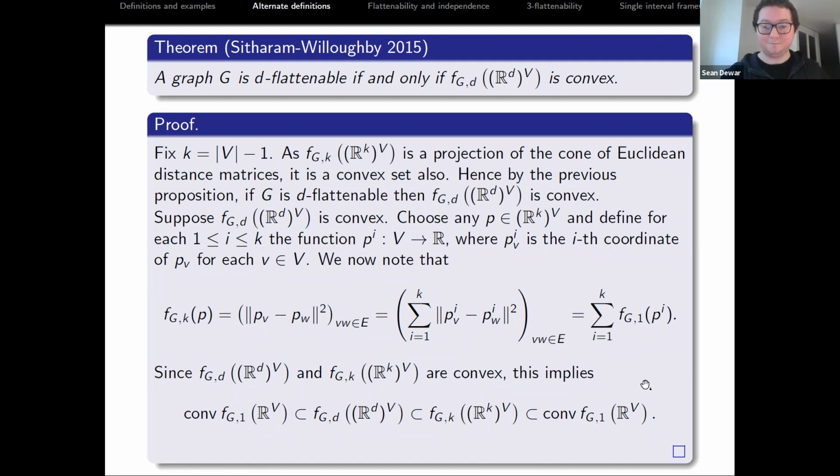Okay, so if I then take the convex hull of all these sets, that will preserve inclusion. So now what we have is the convex hull of this lies inside this set, lies inside this set, lies inside the convex hull of itself, which means that this set has to be equal to this set.